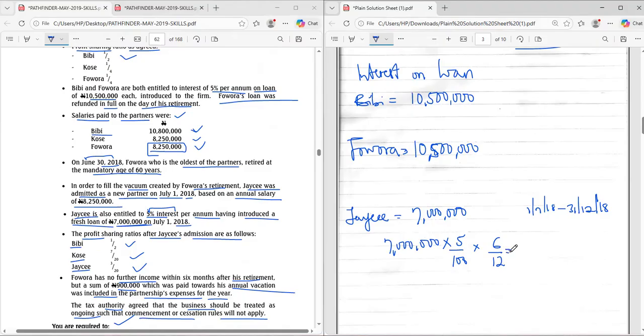Now it's 6 months. 175,000. Case closed for JC. Fowora is still 5%, but for how many months? 6 months too, January to June. He left in June. So times 6 divided by 12. Do it for me.